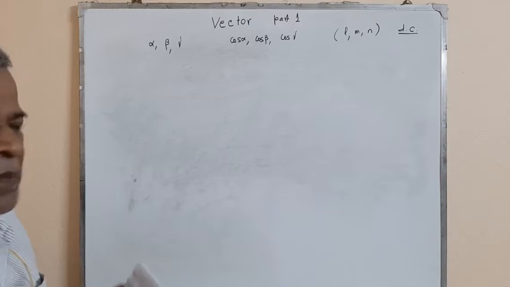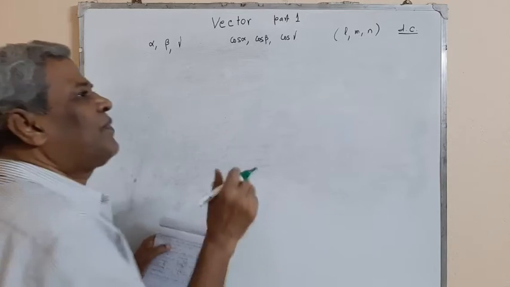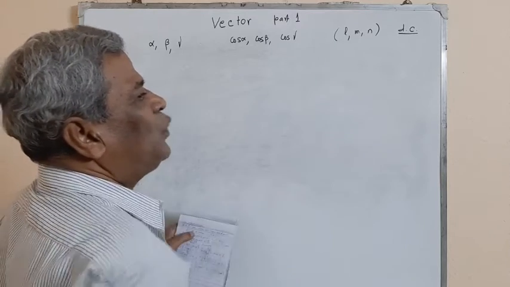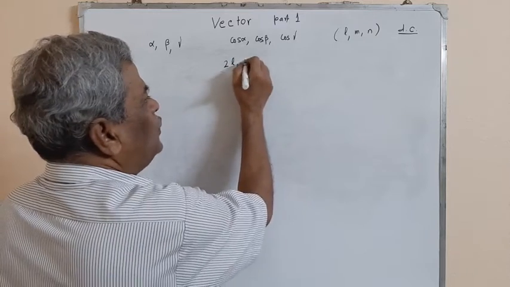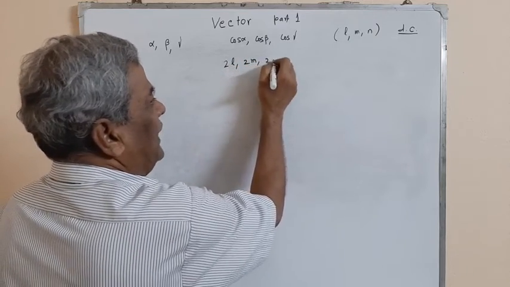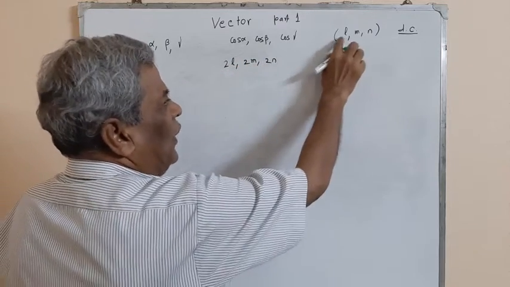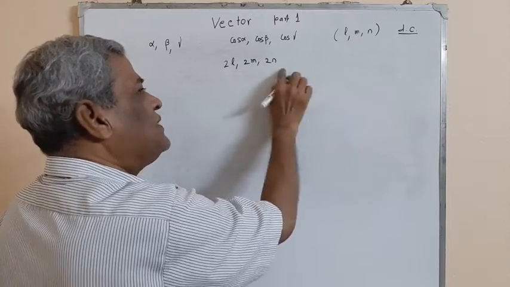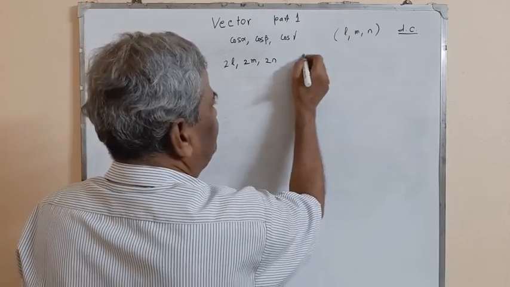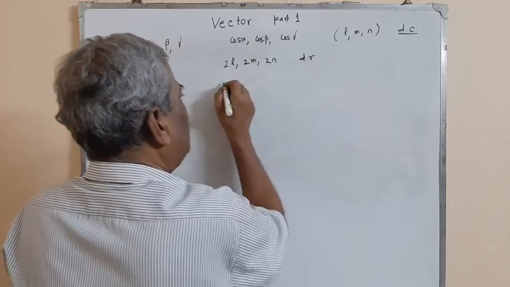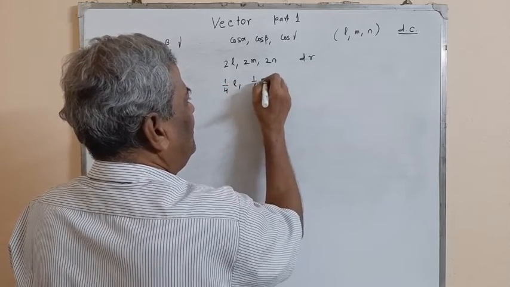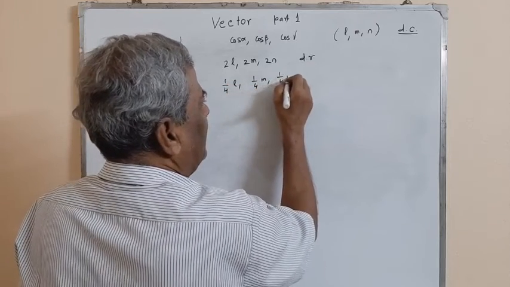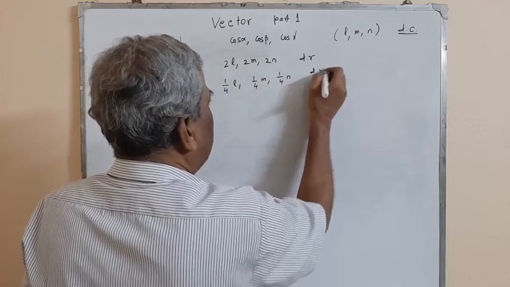Any constant multiple of direction cosine, say 2L, 2M, 2N, all multiplied by 2, is a direction ratio. 1 by 4L, 1 by 4M, 1 by 4N is also a direction ratio.